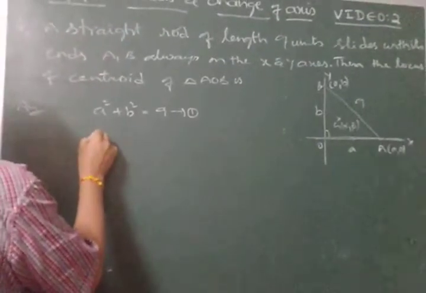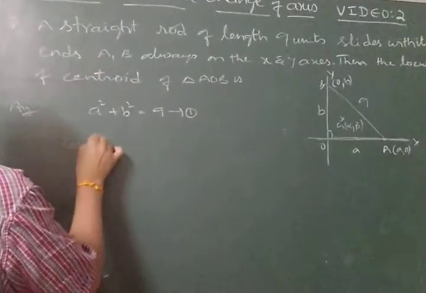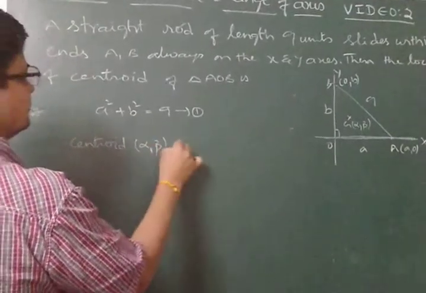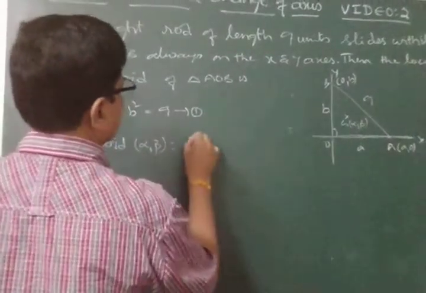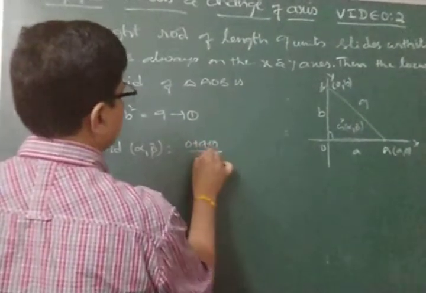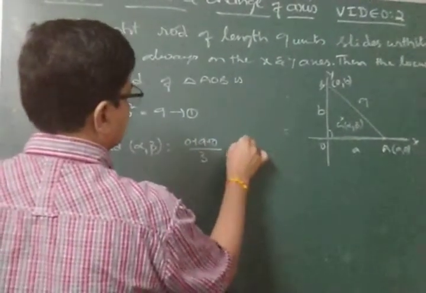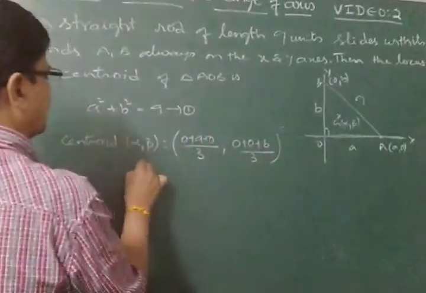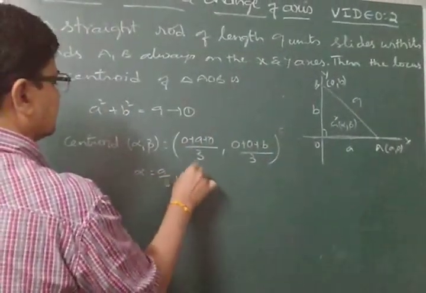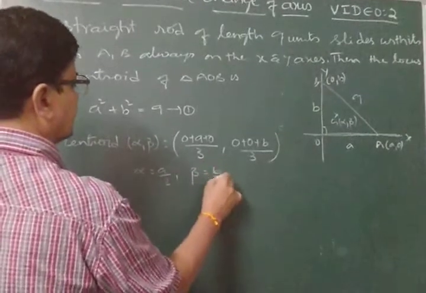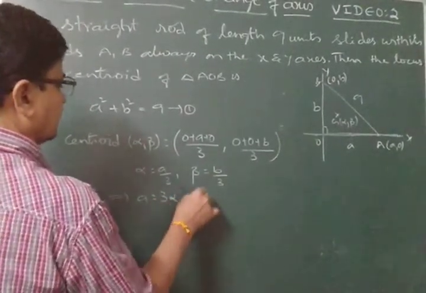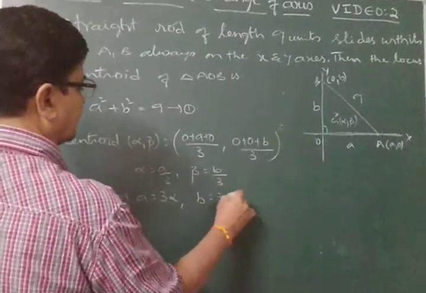So the centroid (alpha, beta) is equal to ((0 + a + 0) by 3, (0 + 0 + b) by 3). That means alpha is a by 3, beta is b by 3. That is a is 3 alpha, b is 3 beta.